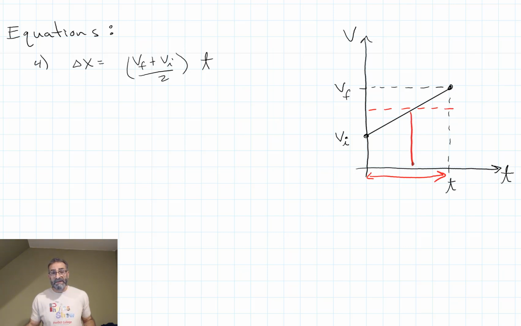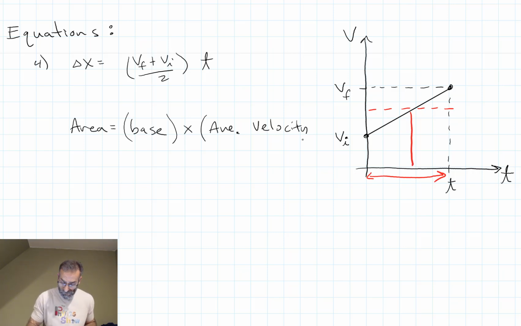The average height of our trapezoid is just the average velocity. The base of our trapezoid is time, t, the time it takes to get to v final, and our average velocity, because the velocity is linear, we can just average the endpoints to get the average velocity. V final plus v initial over 2.